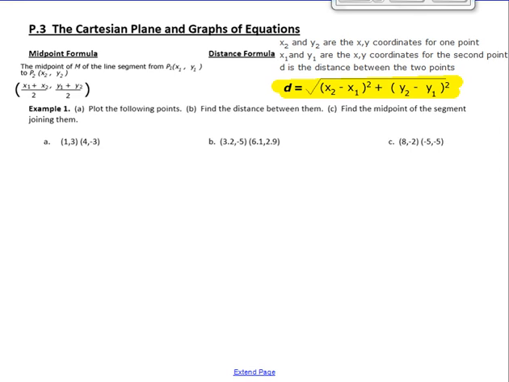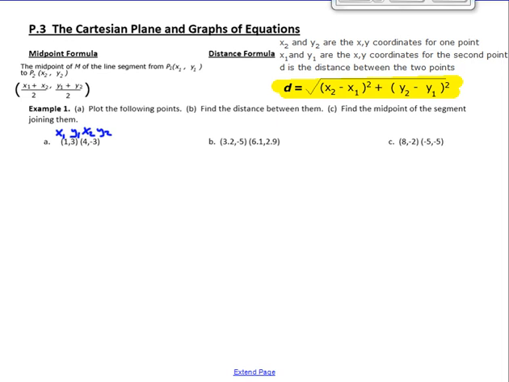All of the x's and y's that we're looking at are parts of a coordinate point. x1, y1 are parts of the first point, and x2, y2 are parts of the second point. Notice that in your reading, I put them the other way because it doesn't really matter. As long as the x2 and the y2 go together and the x1 and the y1 go together, it doesn't matter which is which. But I like to do x1, y1, x2, y2 because 1 goes before 2 in most cases.